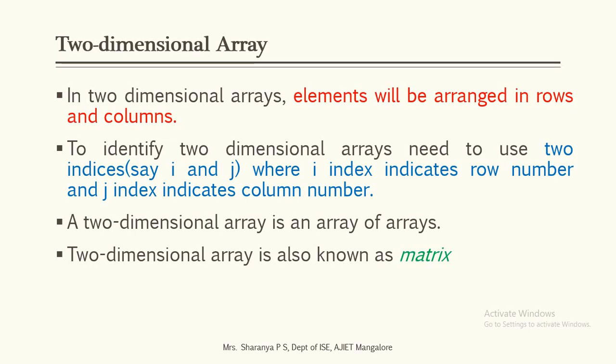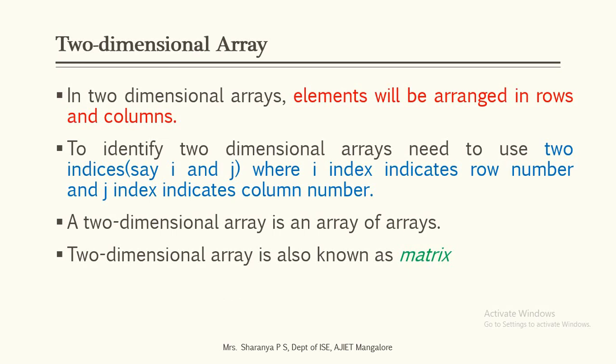These two-dimensional arrays need to use two indices. Why are two indices required? As I mentioned, it will contain rows as well as columns. So we need to refer to these rows and columns with two different indices.